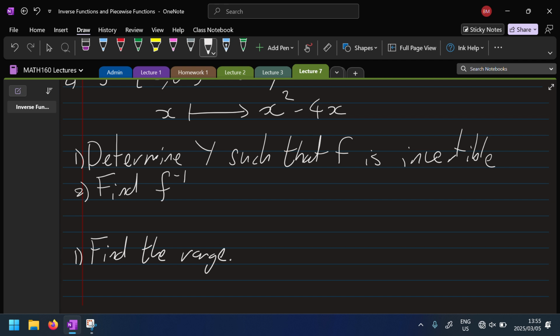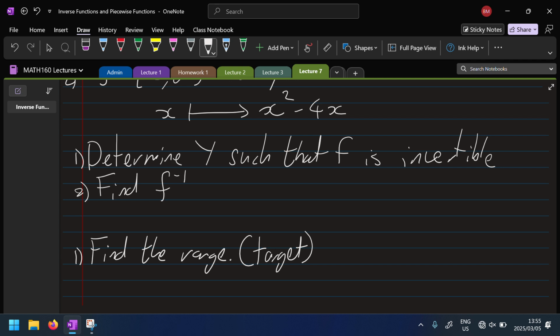Make sense? We want to find y. Y is what we're looking for, right? Y is the target. The target equals the range. So if we're looking for the target, we're looking for the range. Or you can put in brackets, target, same thing. Why? Because they're equal. Range equals target. So if we want to find the set y, we want to find the range. Make sense?